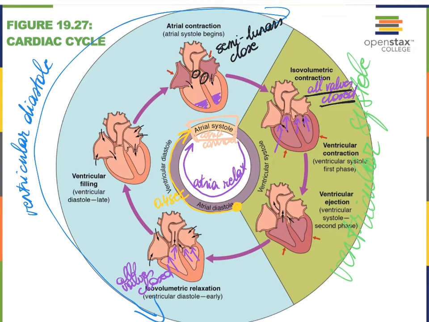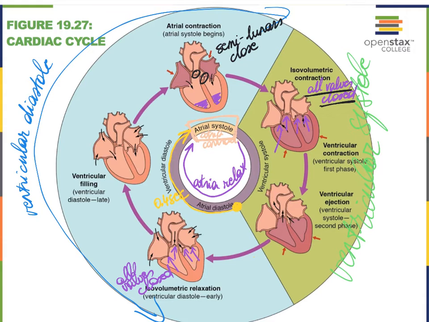This is what we refer to as the ventricular ejection phase. The blood is literally ejected from the ventricles into the pulmonary trunk or into the aorta. Now let's stop here for just a moment, because we need to ask ourselves, how much pressure must that blood in the ventricles build up to push open those semilunar valves?